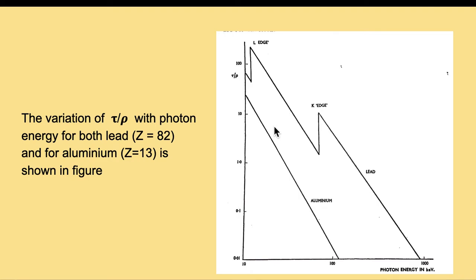And this graph shows the variation of tau by rho with the photon energy for both lead and aluminium.